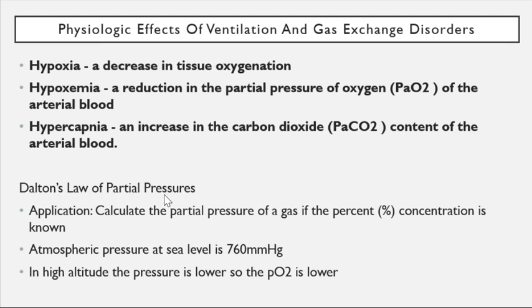We have Dalton's law of partial pressures, where you can calculate the partial pressure based off of a percentage, but that's kind of a physics thing. We're not going to do that here. The atmospheric level is 760 millimeters of mercury. At high altitude, the pressure is lower, so the partial pressure of oxygen is lower, right?